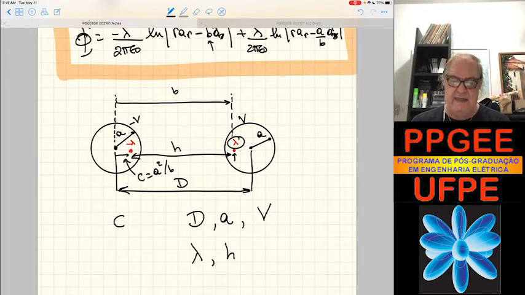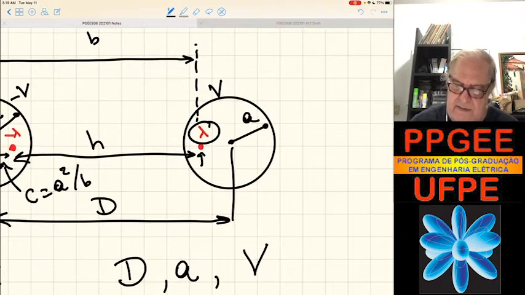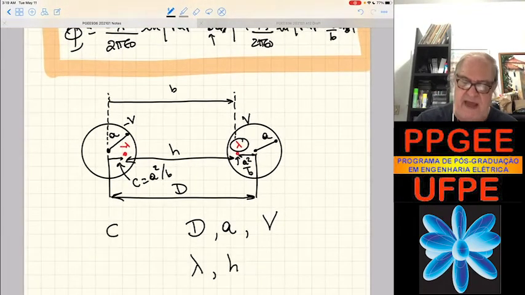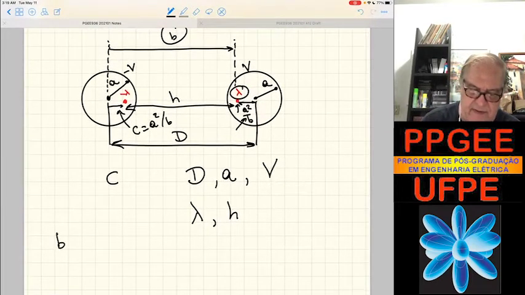You see that this distance here is, by symmetry, A squared over B. So I have B plus A squared over B equals D, which is the first relationship.